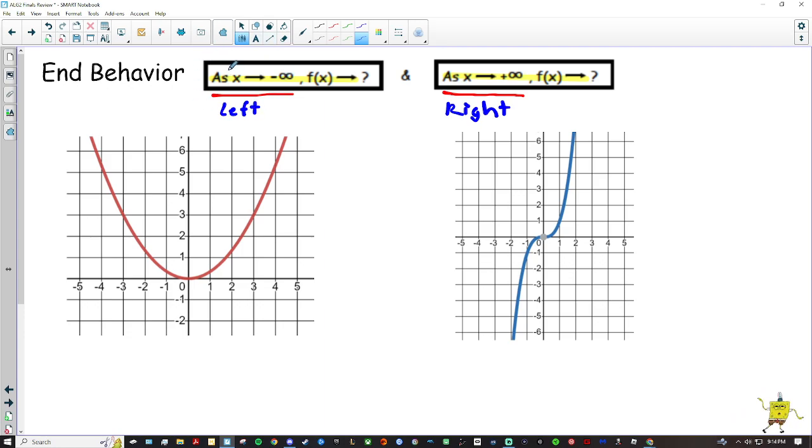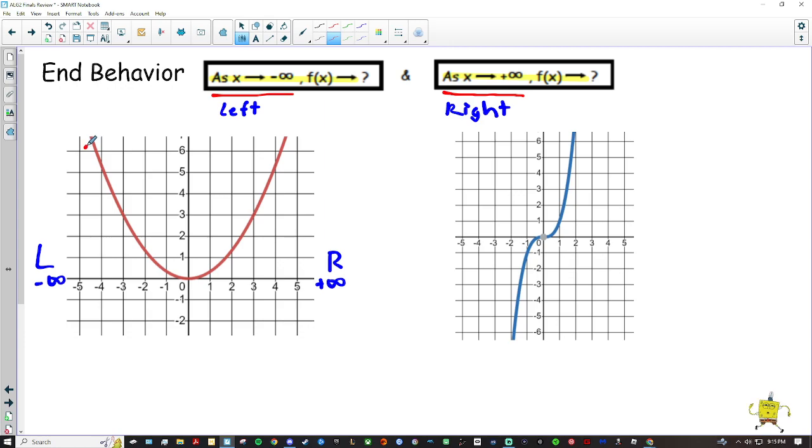So this first one is the left side. Our left side is over here. Left, this is negative infinity. Here's our right side. This is positive infinity. So as x approaches negative infinity, that's this left side. As x approaches positive infinity, that is the right side.